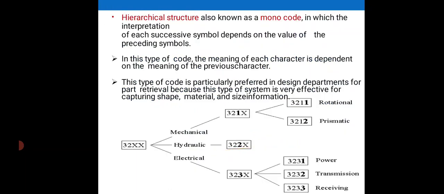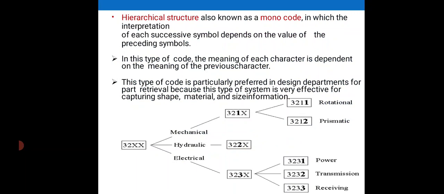Hierarchical structure, also known as monocode, is one in which the interpretation of each successive symbol depends on the value of the preceding symbol. You can see this figure: 32XX means the code starts with 32. Then mechanical, hydraulic, electrical. Mechanical means 321. Then moving into 3211, where 11 means rotational. So every symbol depends on the preceding symbol.